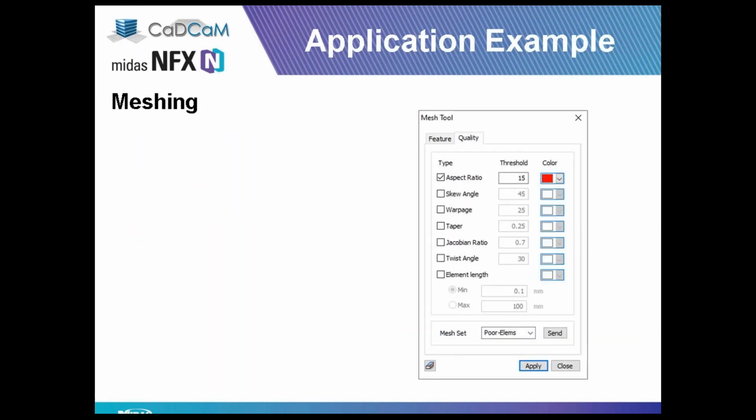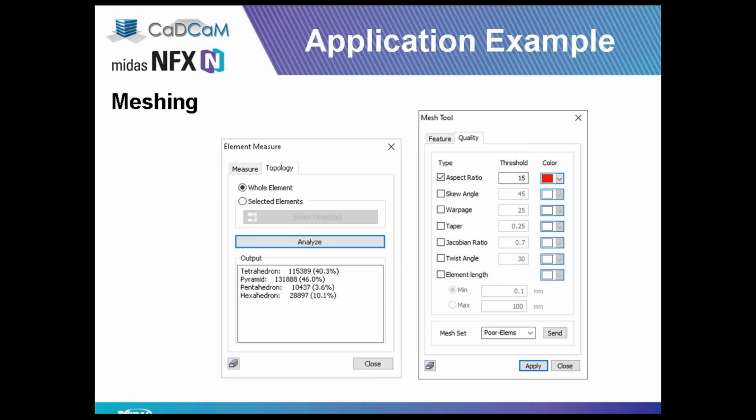And we also test the mesh by the following pass and fail criteria parameters like aspect ratio, skew angle, warp, taper, Jacobian ratio, twist angle, and element length in order to be sure that all the pass criteria are valid and give us a very high quality mesh.